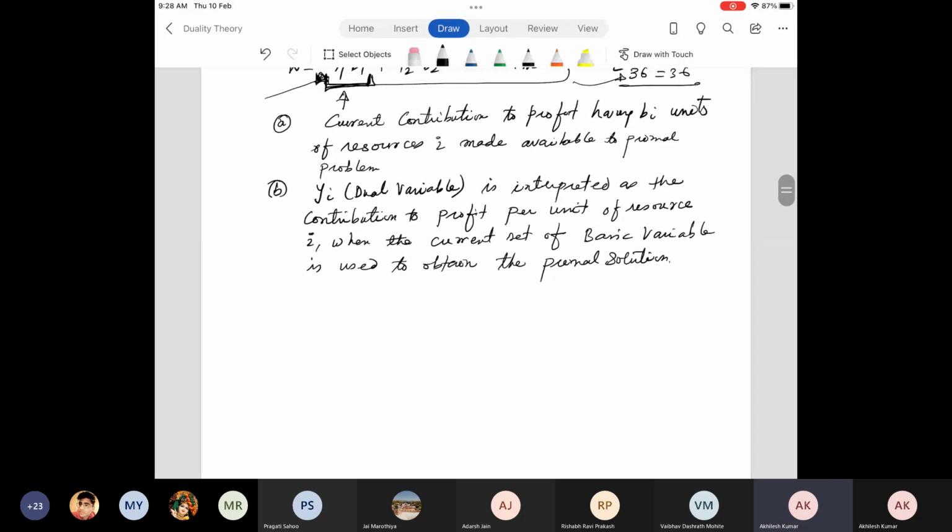So this brings me to a very important term in economics. It's called shadow price, which is nothing but your dual variable yi.